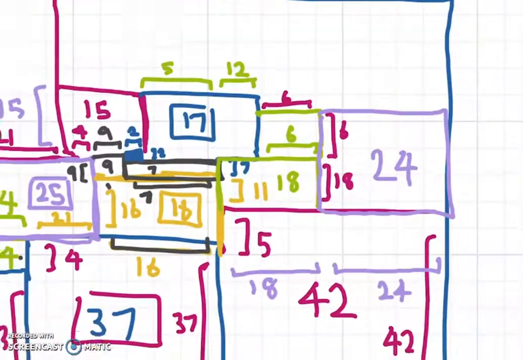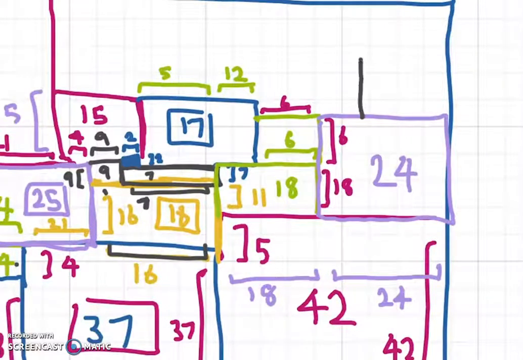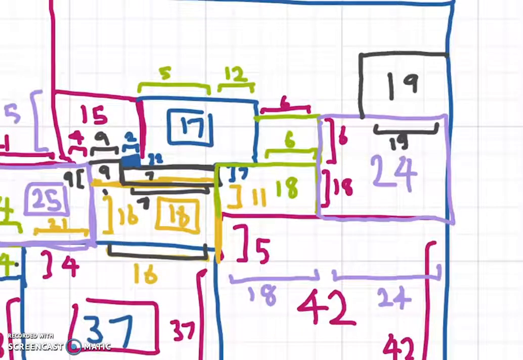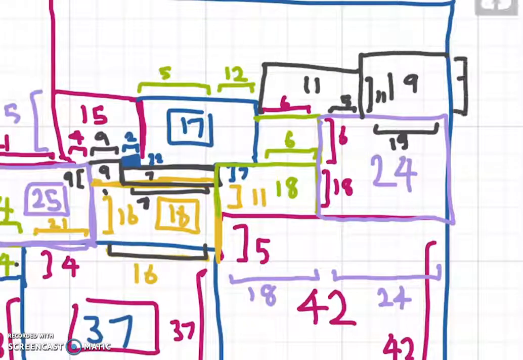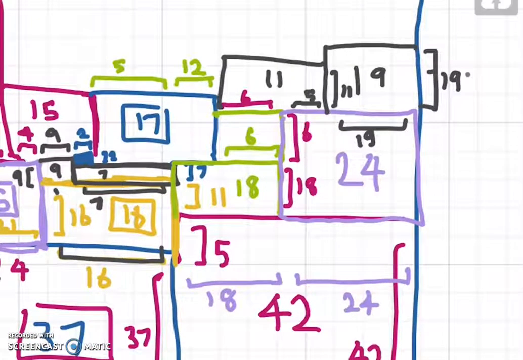Okay, now I'll make a 19 square side length here. And there'll be 5 left over here, which is 24 minus 19. Now make a square of side length 11. And we have 11 here. Since we have 19 here and 11 here, we'll have 8 left over here.